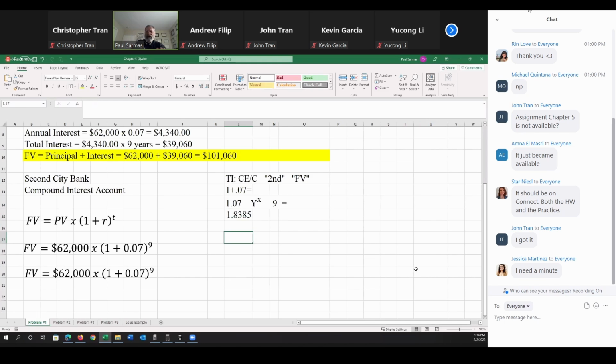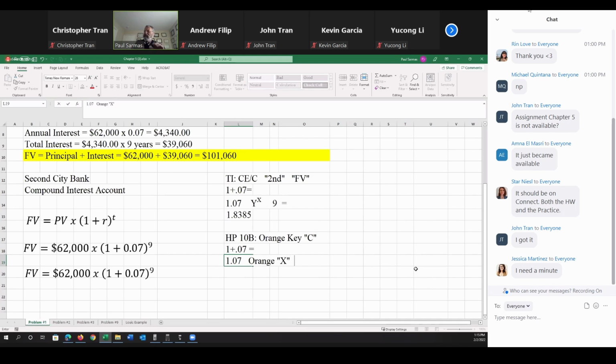For those of you who have HP, Hewlett Packard 10B, you will clear by using the orange key and the key below that, the C key. You do the same thing, 1 plus 0.07 equal. The calculator will give you 1.07. Then Y to the X: in order to get to Y to the X, you will do the orange key and the multiplication key.